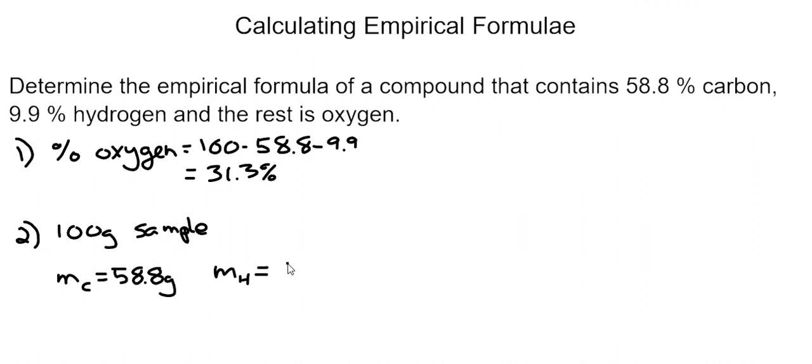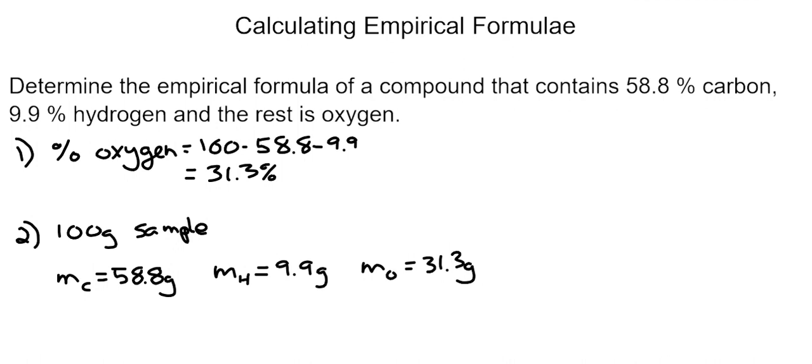So now I have 9.9 grams of hydrogen, and for my oxygen, I will have 31.3 grams. So again, it doesn't matter that the sample is not actually 100 grams. It doesn't matter what it is. If we can calculate moles based on this, then the ratios will all hold true. But the 100-gram sample allows us to convert directly from the percentages into masses.